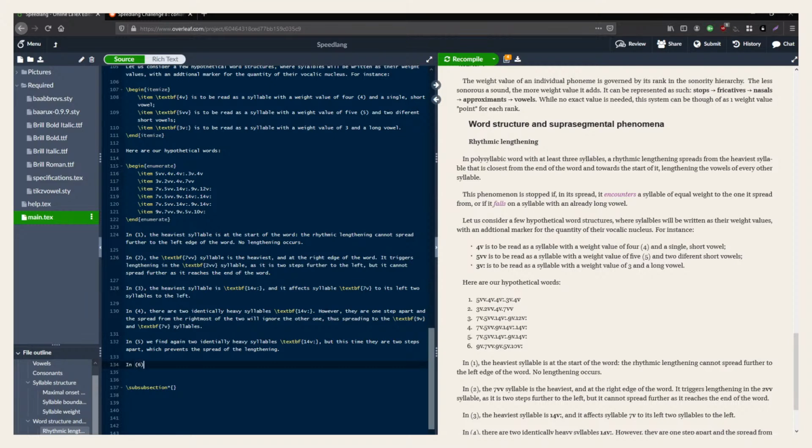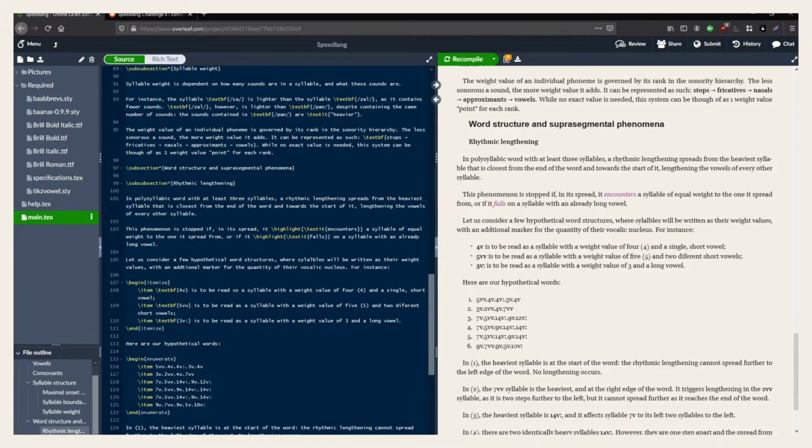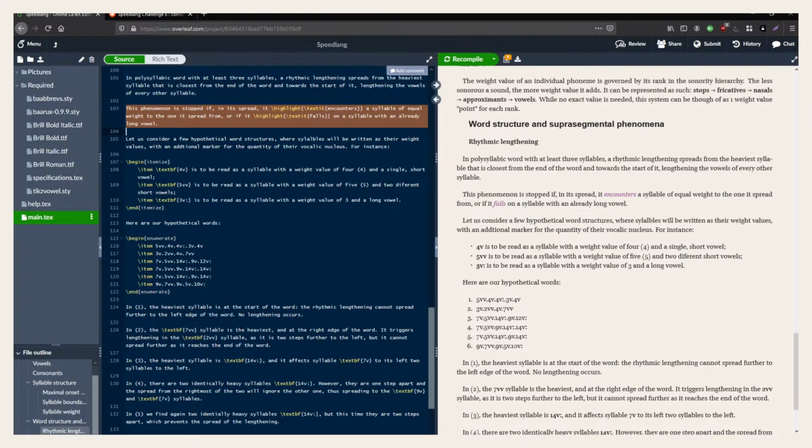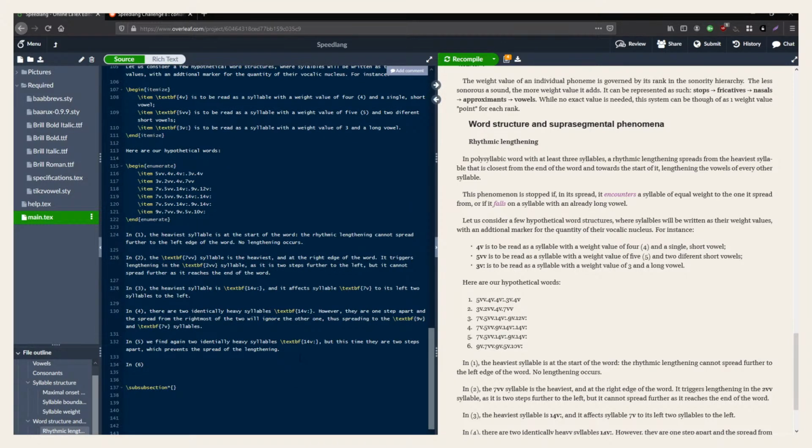Oh, I know what I'm going to do actually. Let's see. It stops if it needs to spread and encounters a syllable of equal weight to the one it's spread from. So if it encounters it, this also stops it. I'm dumb. So actually, yeah, that's what I wanted to feature. I just did not do that.